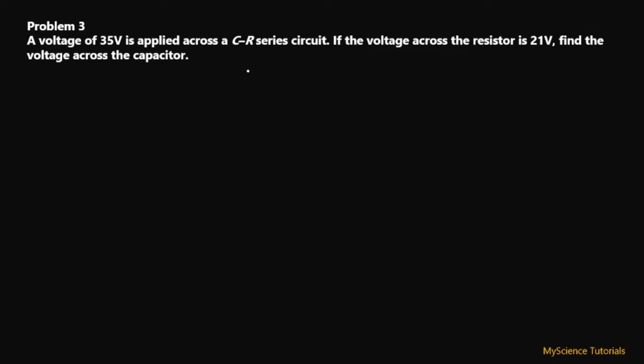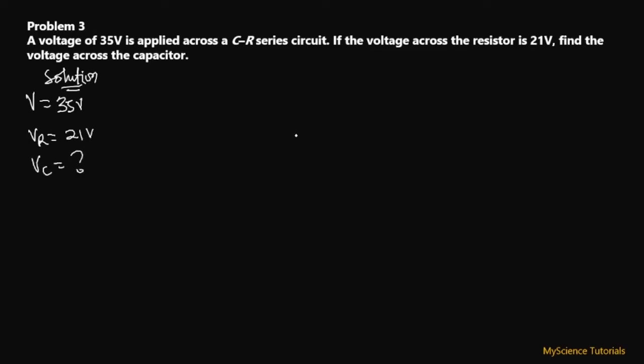So our applied voltage is equal to 35 volts. We've also been told that the voltage across the resistor VR is equal to 21 volts. We have to find the voltage across the capacitor, which is VC.